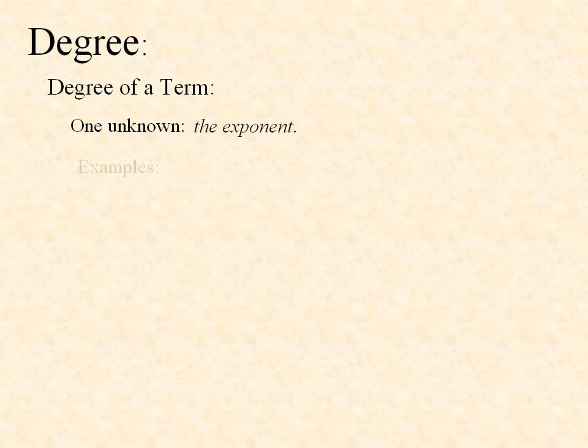Degree. The degree of a term in one unknown is the exponent. For example, the degree of 5x squared is 2 because the exponent is 2.